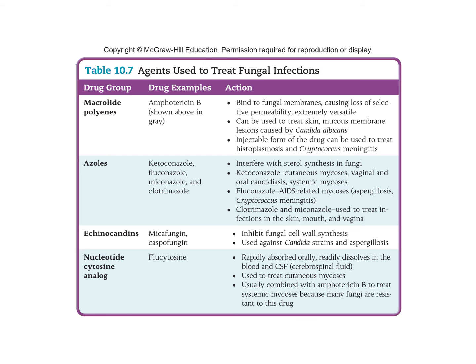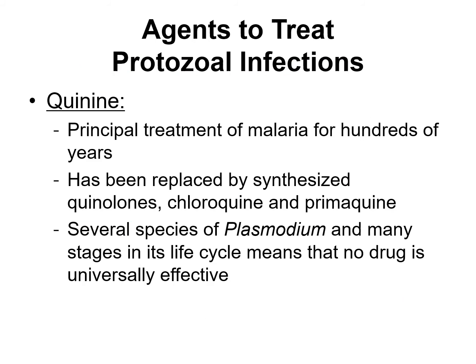You have also micafungin and caspofungin. So these are other particular antifungals, and then flucytosine. So anyways, they just all have different mechanisms of action. If you just want to read there about what those are, just be familiar that these are antifungal medications.